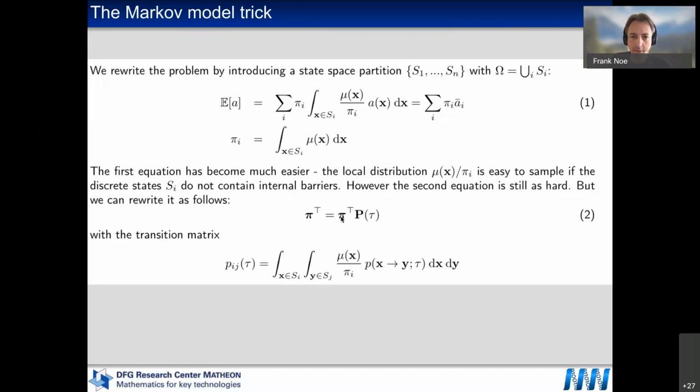Those stationary probabilities, this is now a vector, are discrete, and are just the ones that I can insert here. So if I can compute this transition probability matrix, which is again an expectation value, more efficiently than just running a very long trajectory and essentially getting a histogram by counting, then I've won something.